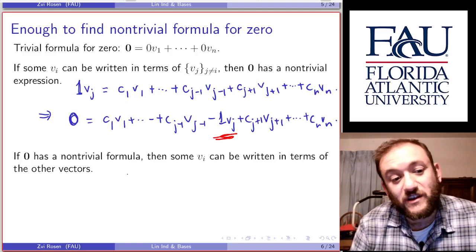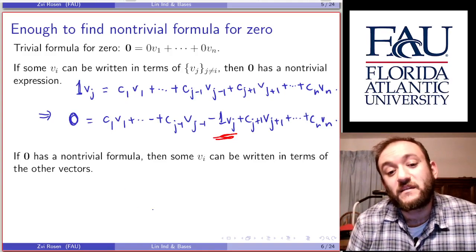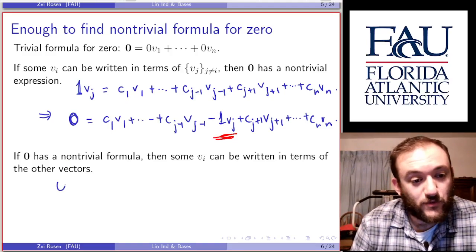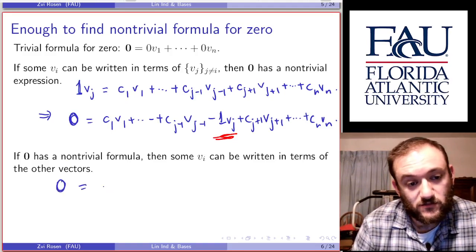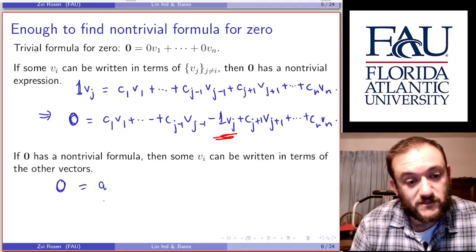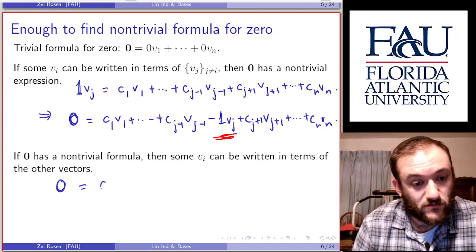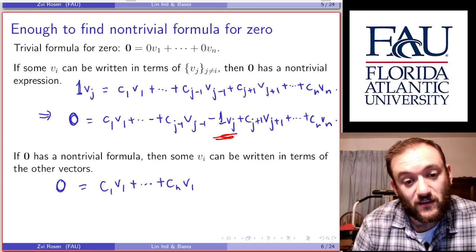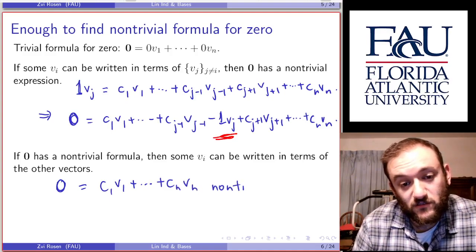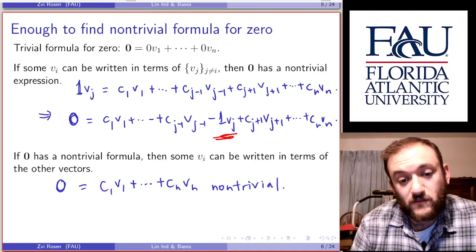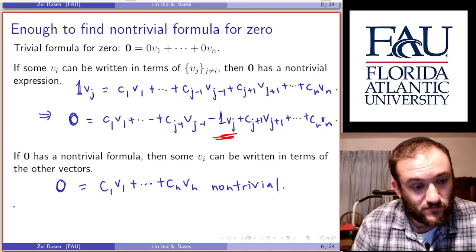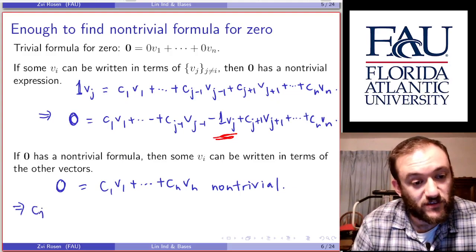Okay, if on the other hand 0 has a non-trivial formula, then some vi can be written in terms of the other vectors. So what does that mean? Well, if we have 0 equals c1 v1 plus up to cn vn non-trivial, then that means that one of these ci's is non-zero. Right? Otherwise, it's trivial.